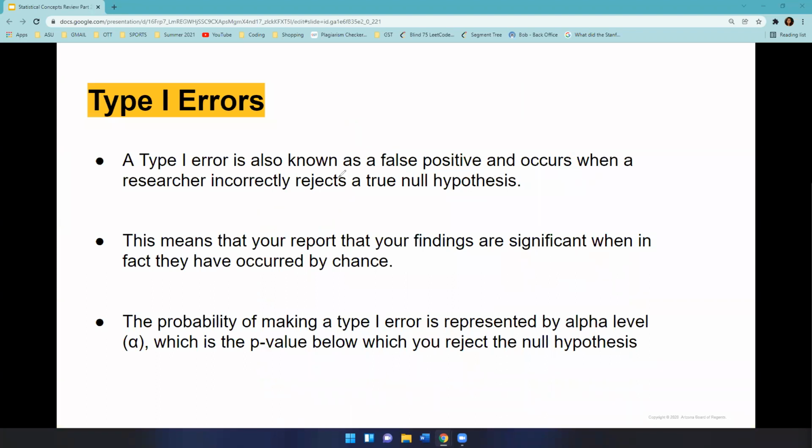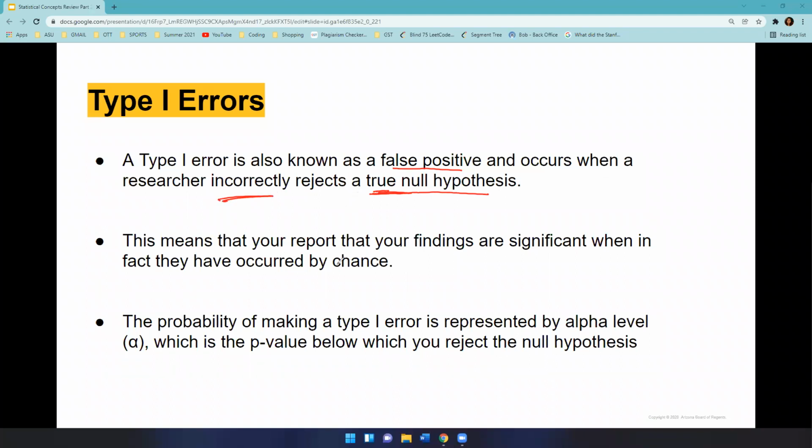First, understand type 1 error. Type 1 error is also known as a false positive, and it occurs when a researcher incorrectly rejects a true null hypothesis. So our null hypothesis was true, the equation holds, but the researcher somehow incorrectly rejects it.